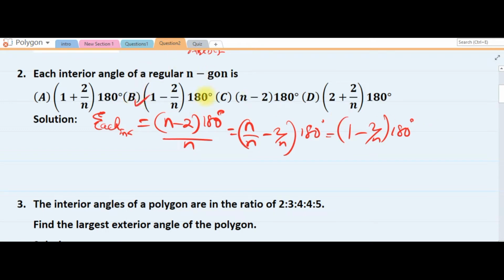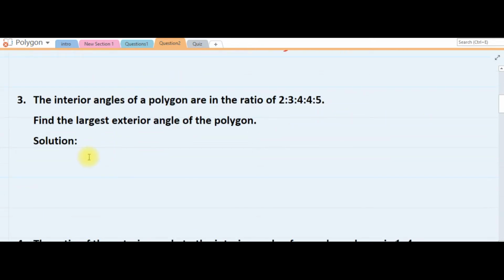Our answer is B. So the next question, they said the interior angles of a polygon are in the ratio of 2:3:4:5. We are asked to find the largest exterior angle. What you have to know is that any polygon with the largest exterior angle will always have the least interior angle.